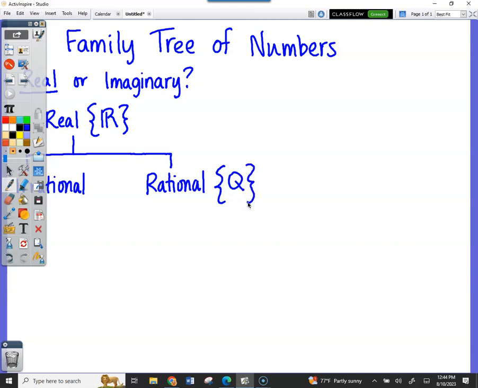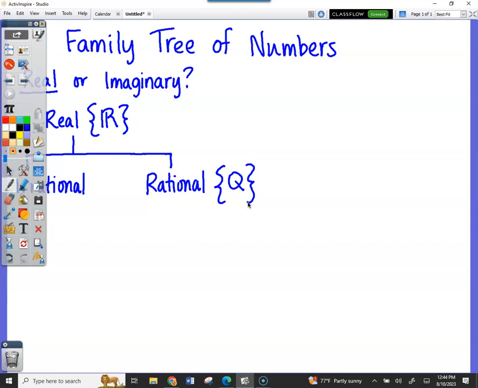The symbol for rational numbers is a capital Q. Why do you think it's a Q? Quantitative? Keep going. I like guesses, by the way. That's not quite it. There's a fancy math word for fractions. Keep going. Y'all haven't used this word probably since the very first day.